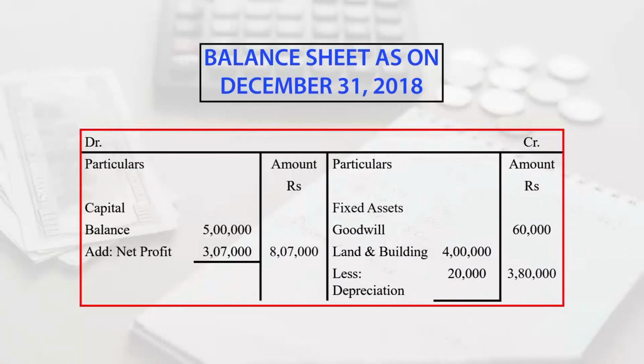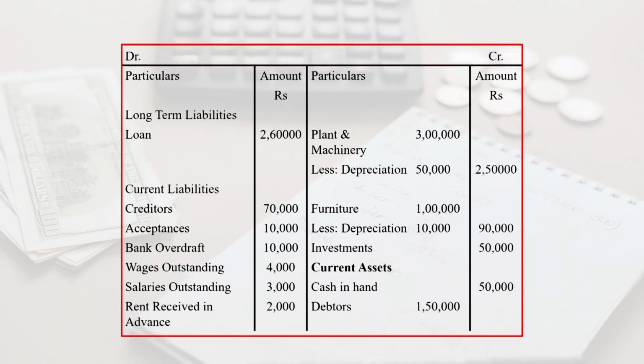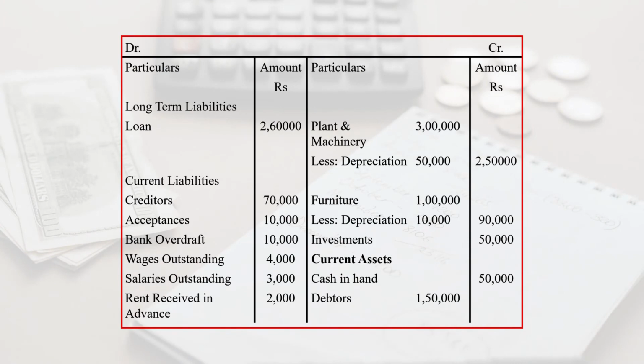So capital, we have been provided a balance of 5 lakh. Net profit, as we have already calculated in the profit and loss account, 3 lakh 7,000. So total is 8 lakh 7,000. And here long term liabilities, loan we have taken of 2,60,000.